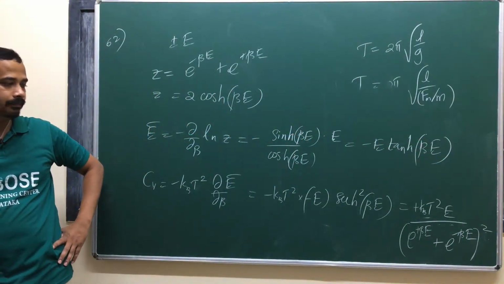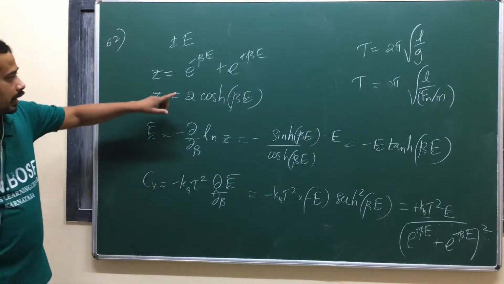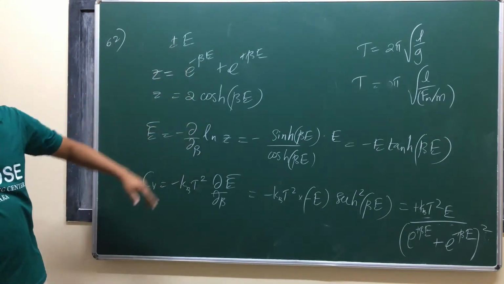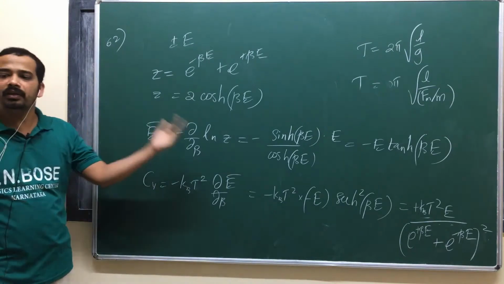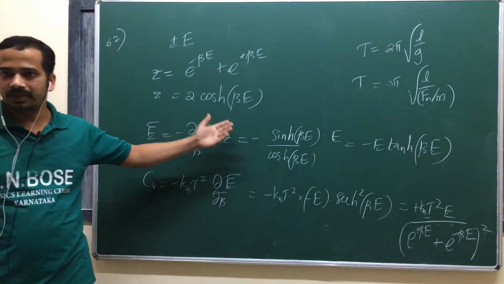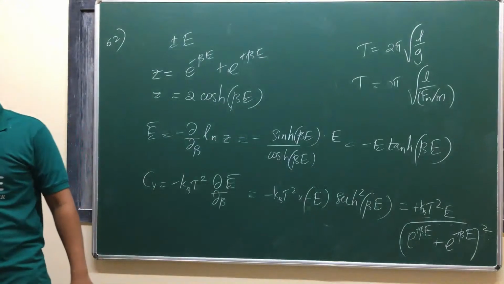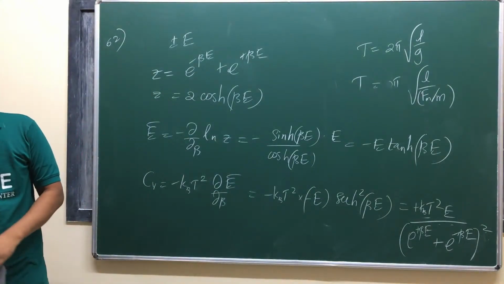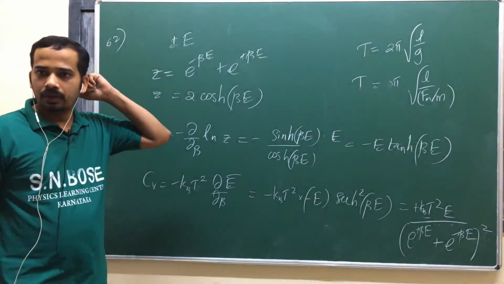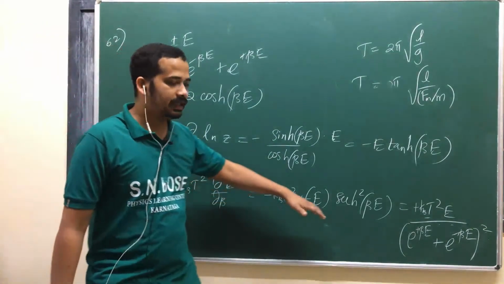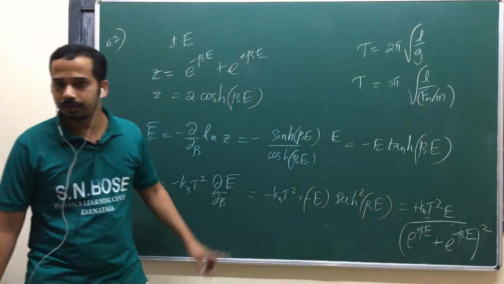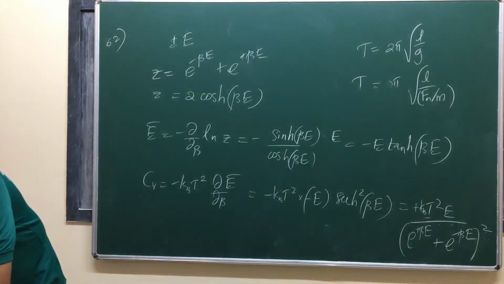Write these steps quickly, because very many problems are of the same type, two-level systems actually. I think in Reif he has given one problem on specific heat. What is the nature of specific heat in this particular problem?